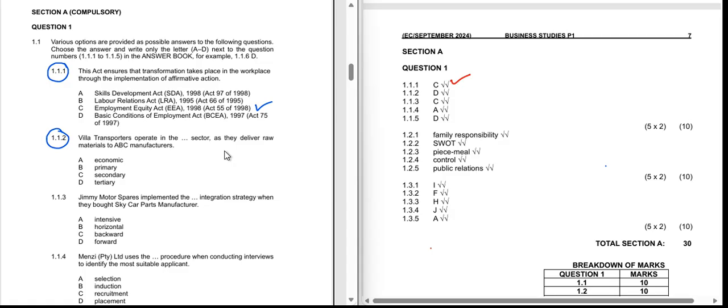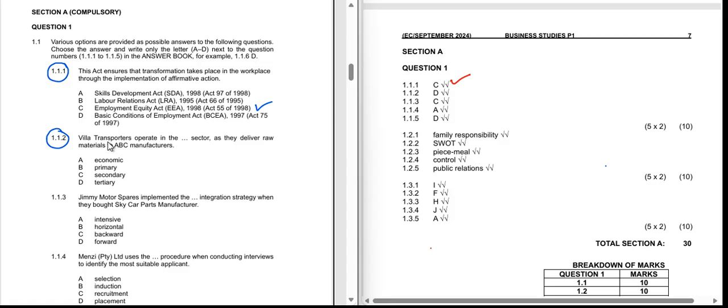Okay, so this question is a bit tricky because we are told here that Villa transporters operate in dash sector as they deliver raw materials. So if they say they deliver raw materials, it seems like they are providing raw materials, but that's not the case. They are delivering.